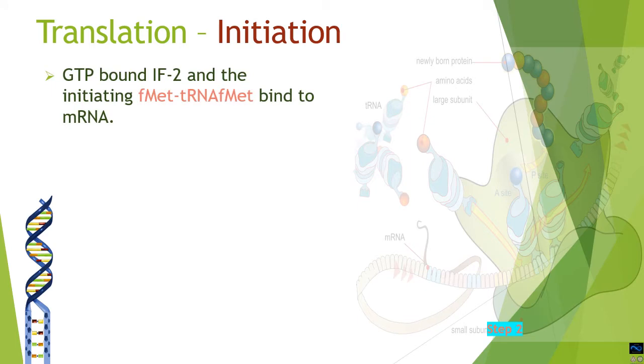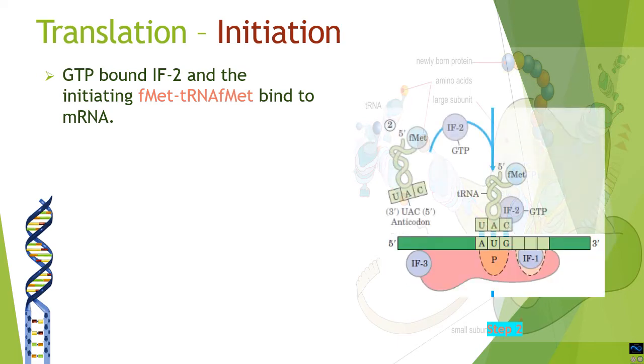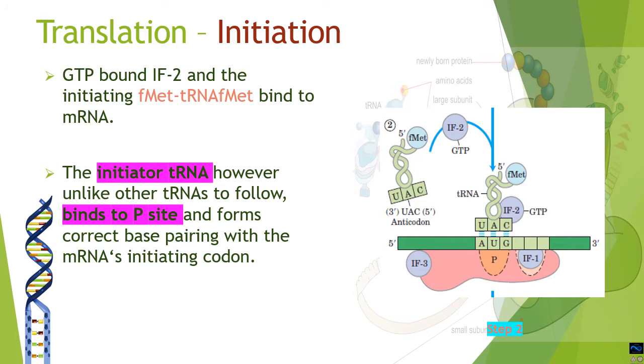In the second step, what happens is the GTP-bound IF2 and the initiator fMet-tRNA fMet will bind to the mRNA molecule, and the initiator tRNA will bind to the P site, as I have already explained in the previous video. So the first initiator tRNA, which is bound to the fMet residue, will bind directly to the P site, the peptidyl site, as you can see in the picture here, and not to the A site.